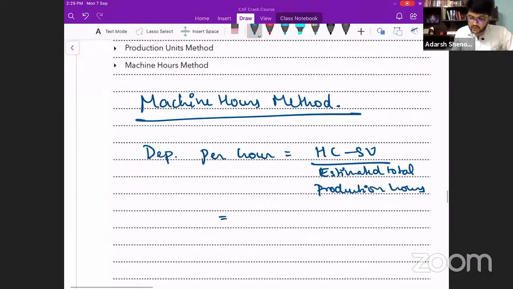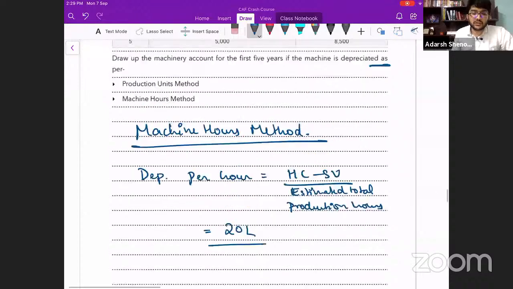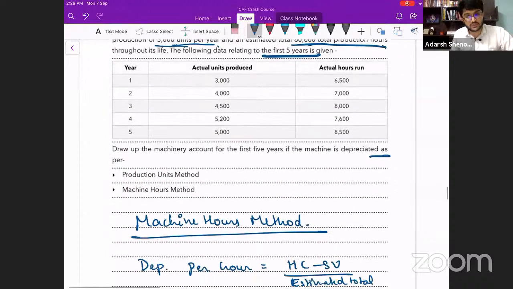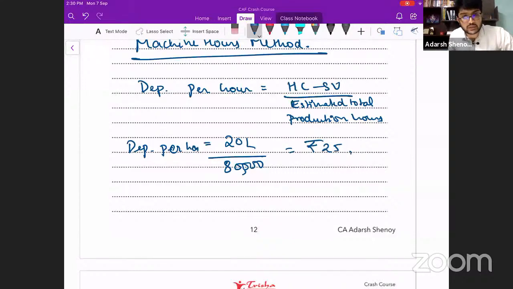So could someone tell me what is the historical cost minus scrap value? Here it is 20 lakh only. There is no scrap value. What is the total estimated production hours? They have directly given 80,000 total production hours expected. So what is the depreciation per hour? It is rupees 25.